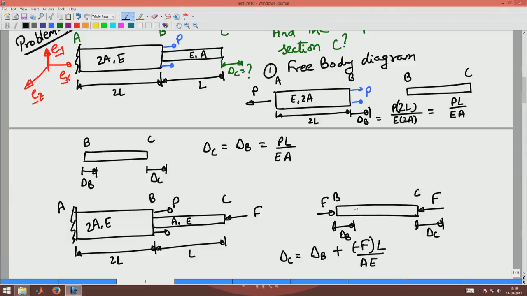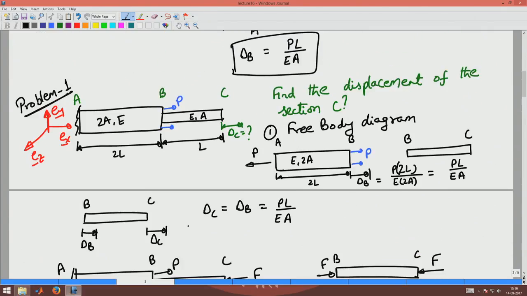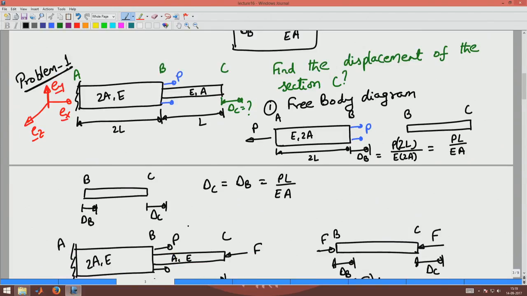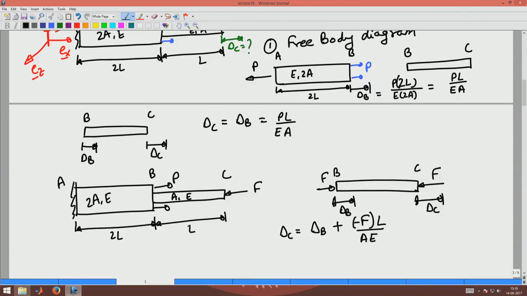This member BC is of length L, it has a cross sectional area of A and Young's modulus E. So, from our previous discussion delta B is PL by EA for applied tensile load. Here I am applying a compressive load, so that is why it is negative, minus F into L by AE. So, now delta C would be minus FL by AE.